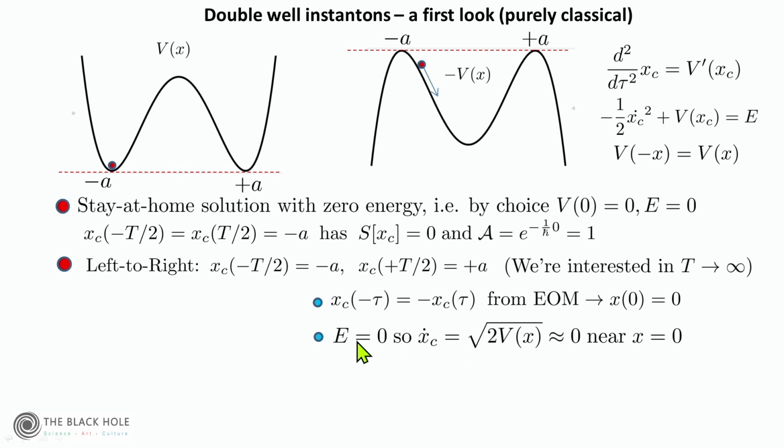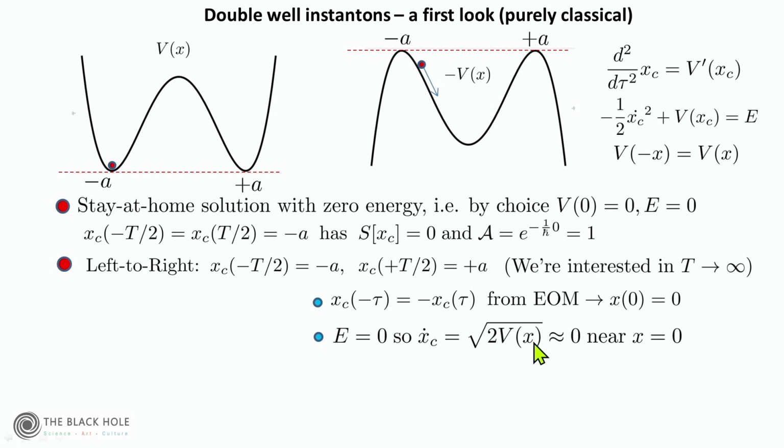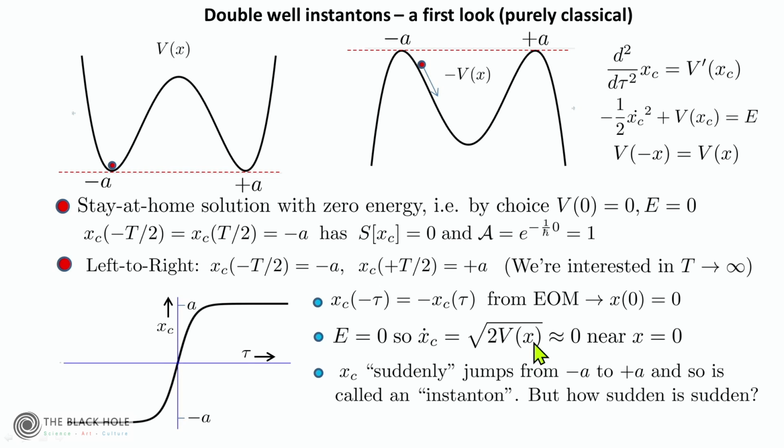Secondly, if E is 0, then that says that xc dot is equal to square root of 2 V of x near x equal to 0.